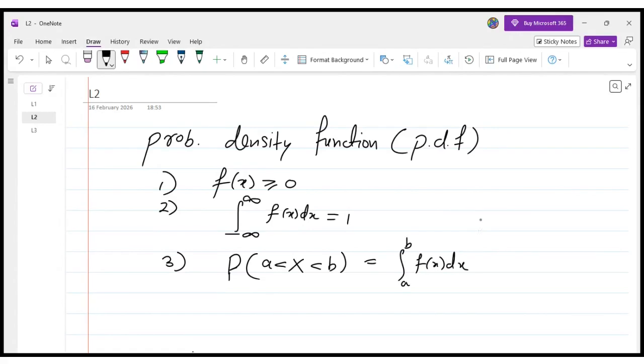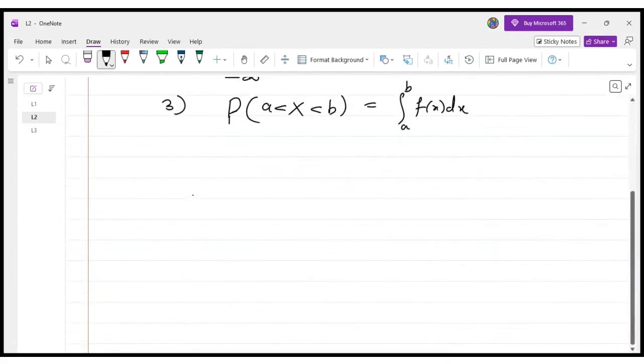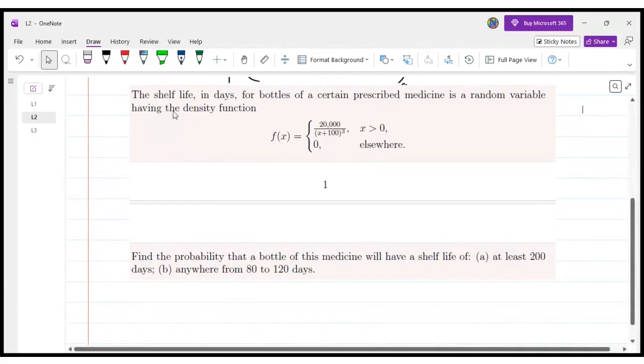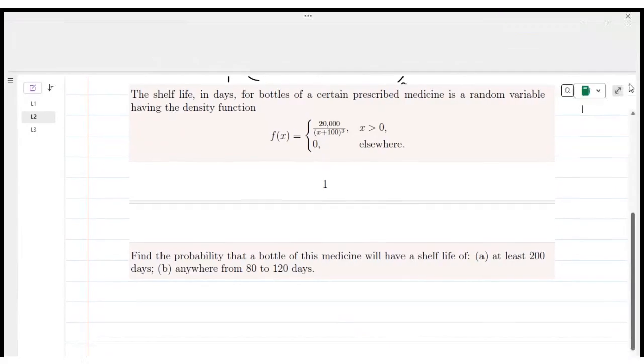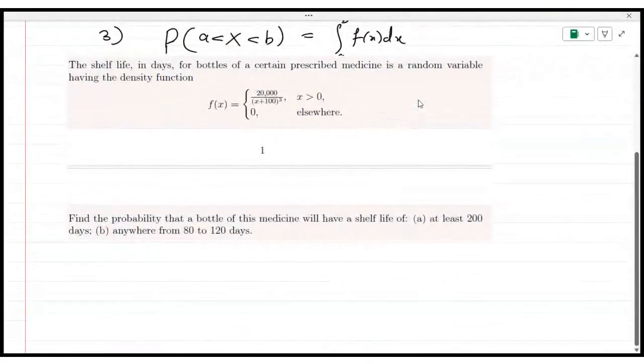Let us understand these with the help of some example. The shelf life in days for a bottle of certain prescribed medicine is a random variable. So in the first line, what they are saying is the shelf life in days for a bottle of certain prescribed medicine is a random variable. So first of all, you have to note down what is the random variable here.